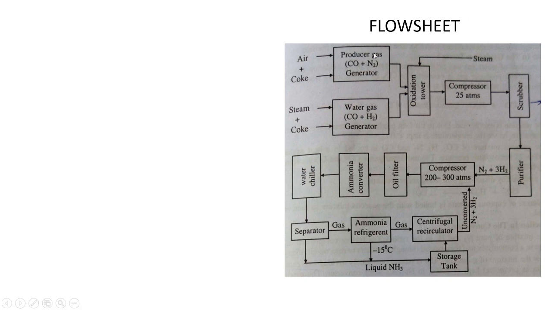Here, the output of both the processes is given to oxidation tower. Now in this oxidation tower, the name itself indicates the oxidation will take place, wherein both the gases are forwarded to oxidation tower under pressure, and you can see here the steam is also introduced. Now what happens actually in oxidation tower?